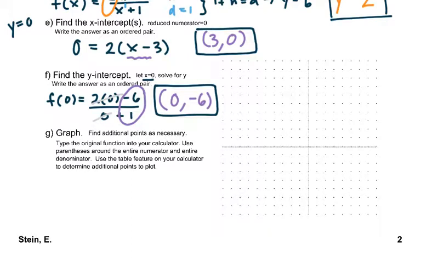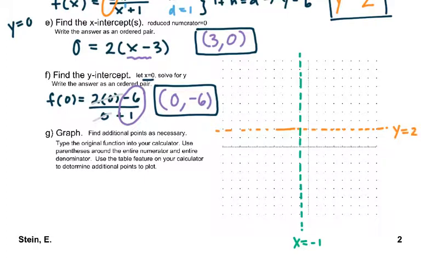So x equals negative 1 is a vertical line 1 unit to the left of the y-axis, and y equals 2 is a horizontal line 2 units above the x-axis.